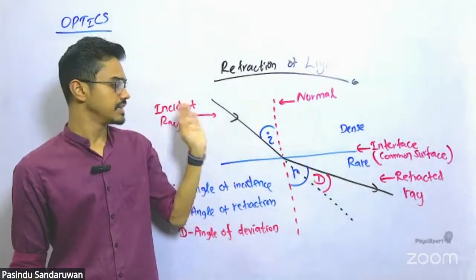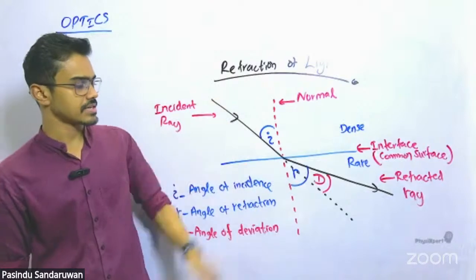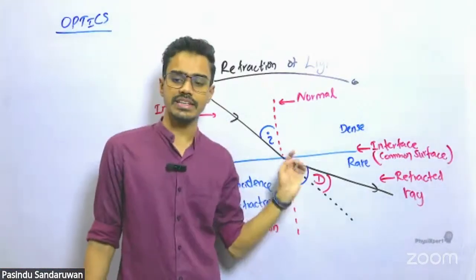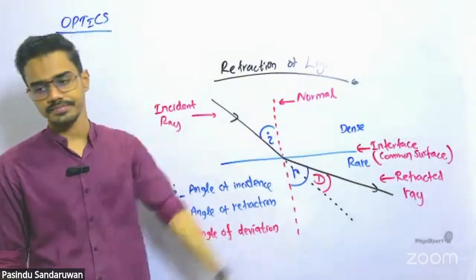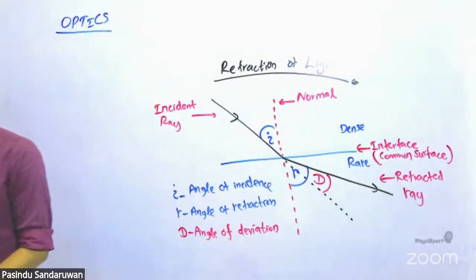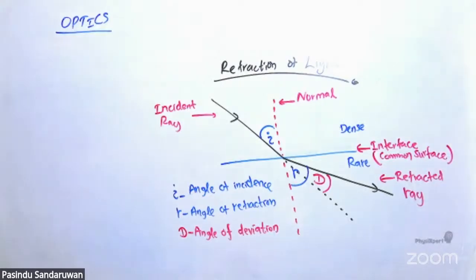Angle of incidence, angle of refraction, incident ray, refracted ray, and the angle between the original direction and the final direction of the light ray is the angle of deviation. Take it down.